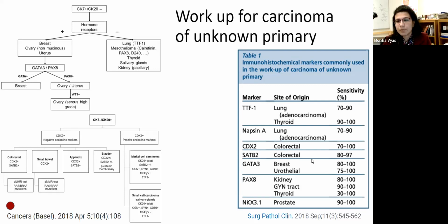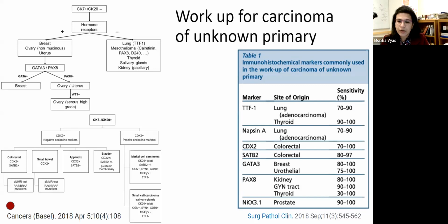In this table, you can see that many of these transcription factors have very high sensitivity. TTF1 and CDX2 both have high sensitivity for lung and colorectal origin, and SATB2 is another marker that can be used for diagnosis of lower GI malignancies.